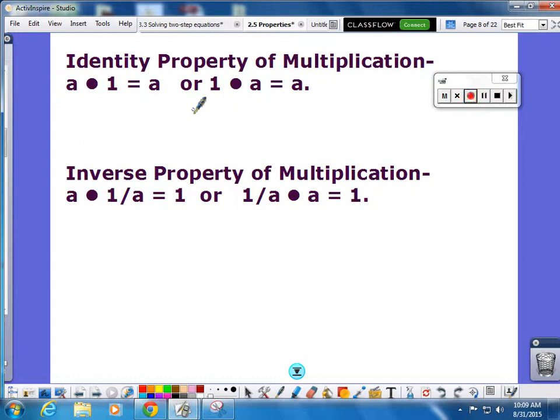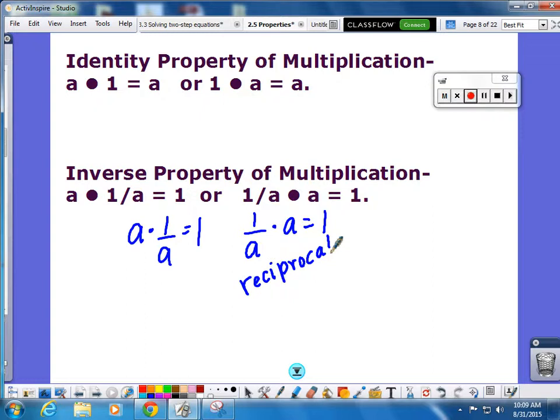All right, also, speaking of multiplication, and I hate the way this is typed, so here's the way we'll write it. These are reciprocals. Is that a word you know? Anytime I multiply a number by its reciprocal, I always get what? 1.